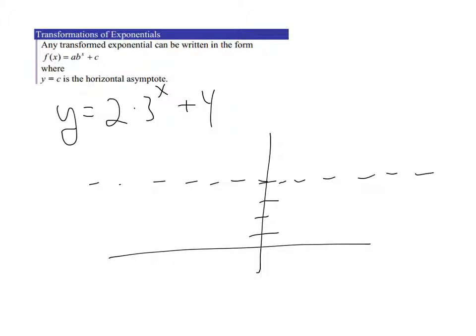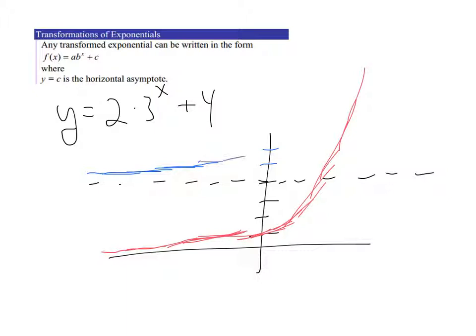Normally exponential functions have a horizontal asymptote of the x-axis, and then they grow like this. They go through 0, 1. This one, because it's been shifted up 4, is going to have a long-run behavior going to the left of y equals 4, and going to the right, it would go to infinity.